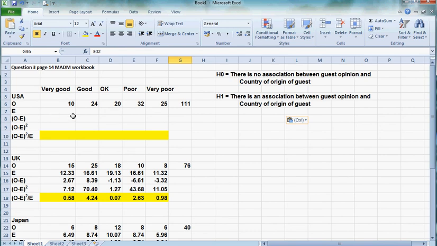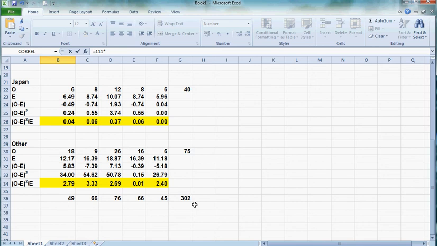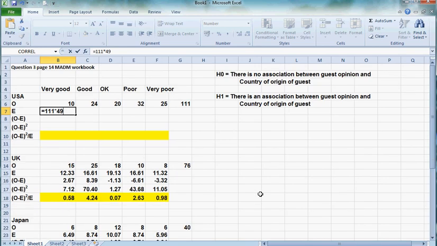If you remember, that's the row total times the column total divided by the grand total. So in this first case, the row total is 111, multiplied by the column total of 49, divided by the grand total of 302.